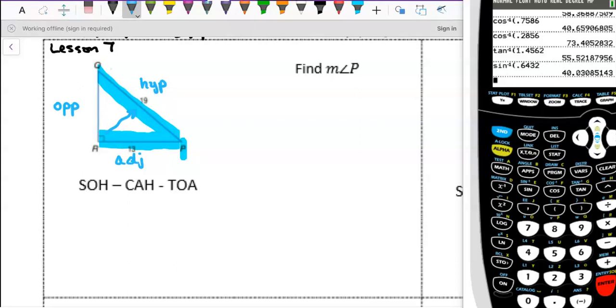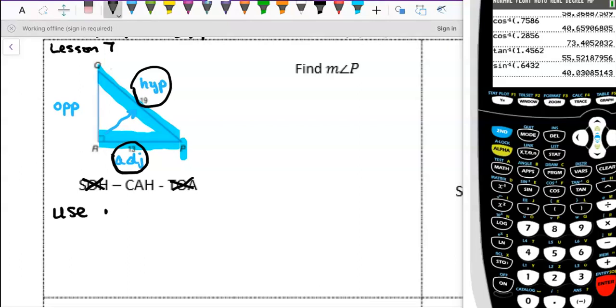Now, when I look at SOHCAHTOA, I notice that from my diagram, I have a number for adjacent and I have a number for the hypotenuse, but I do not have the opposite. So I need to eliminate any trig function that needs the opposite. I'm going to use the cosine for this problem.